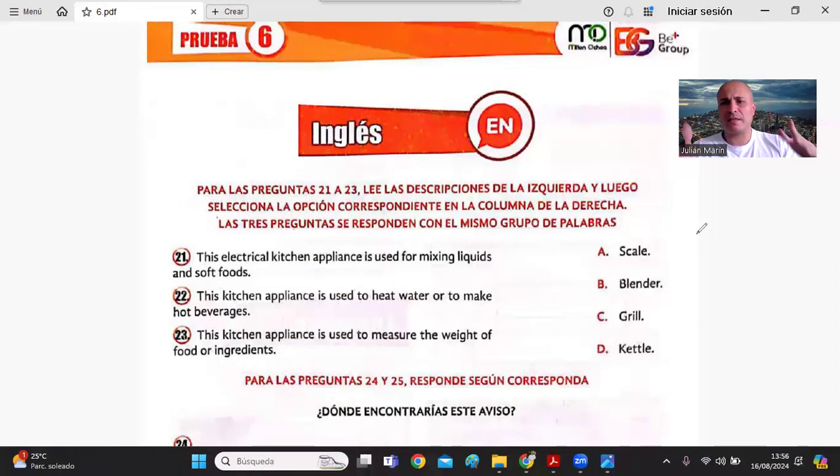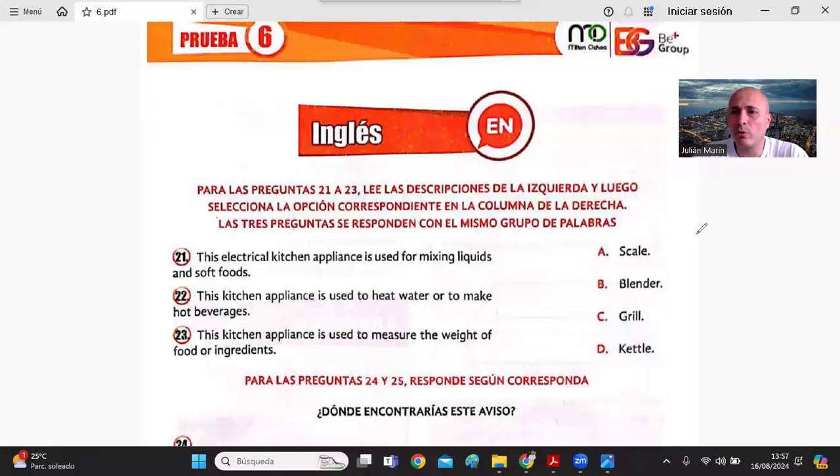The nature of this exercise is essentially matching, connecting the definition or description of some items to the left, where you find the numbers 21, 22, and 23, and then to the right, you find the concepts, the names, the nouns that are described by those numbers. As you can see, we have 3 descriptions and 4 options.